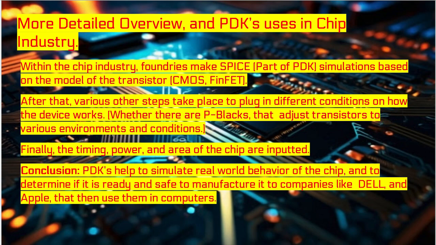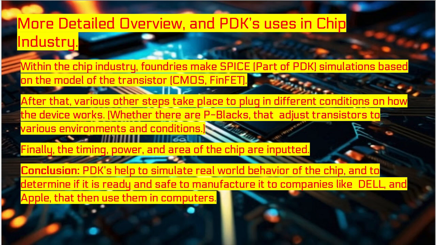After that, once they've made the SPICE simulation, there are many other steps. I'll summarize it here. One of them could be something like P blocks. P blocks are essentially devices that adjust the transistors to various environments and conditions. They essentially control how a transistor behaves under certain circumstances.